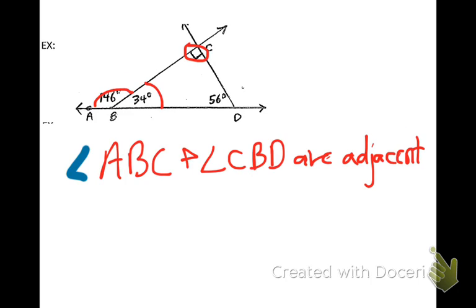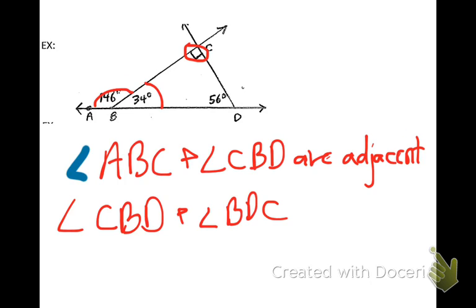Yes, that's right. Angle CBD and angle BDC are complementary, because 56 plus 34 equals 90.